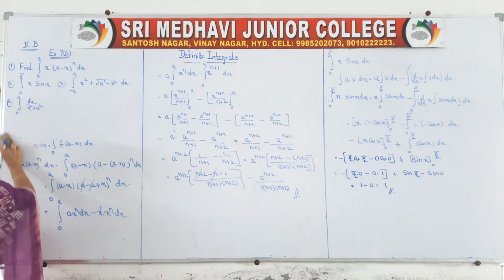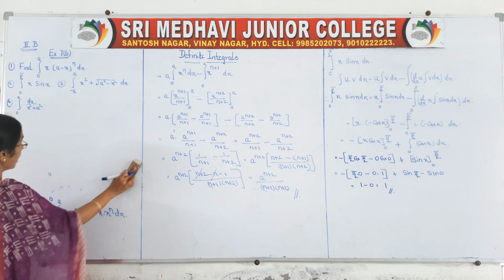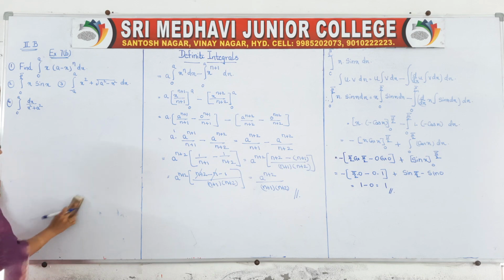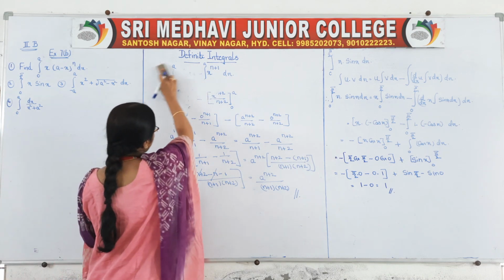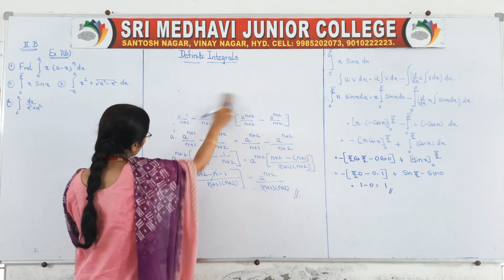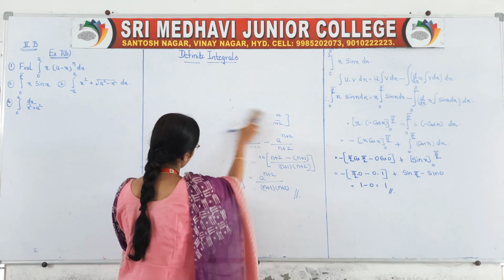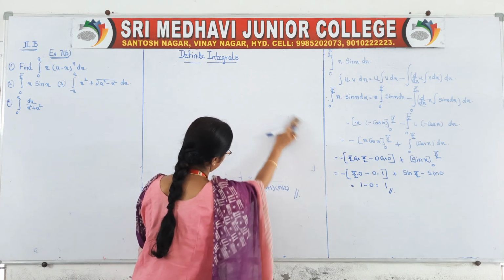Third question. Observe carefully. We are having the limits minus a to a. First, in a definite integral, we have to observe the limits. Sometimes 0 to a form, sometimes a to b form, isn't it? Integral a to b. Sometimes they can give like this also, minus a to a.